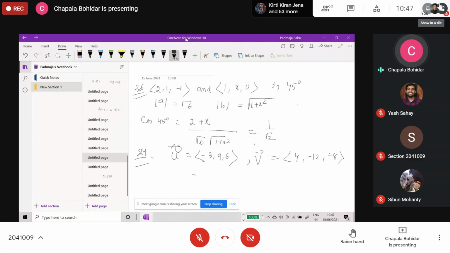First component, minus 3, here it is 4. They are parallel. Are you getting? Ma'am, they are proportional with minus 4 by 3. Scalar multiple of minus 4 by 3.